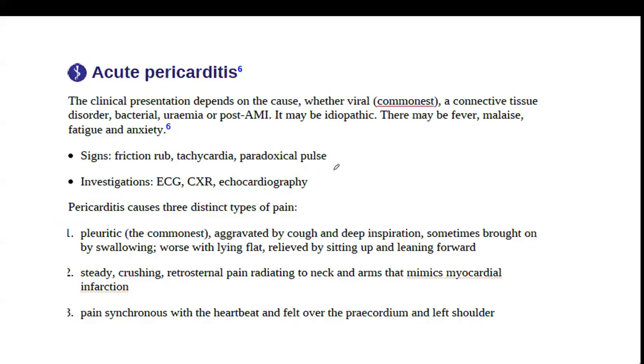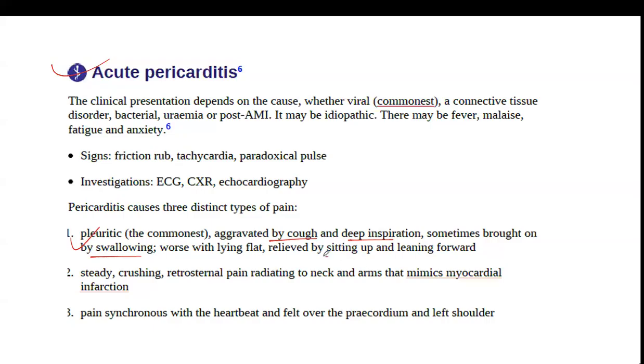And lastly, we will finish with acute pericarditis. You remember we talked about pericarditis at first. Pericarditis, the pain is pleuritic chest pain, which means pain will be left-sided or retrosternal. The pain gets aggravated with coughing, deep inspiration, sometimes even brought on by swallowing.